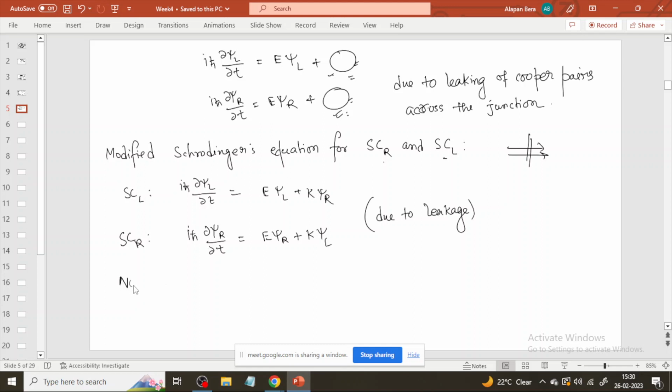Now let's say we're applying the voltage V across this junction. Okay, so we are now applying a voltage V across this junction.